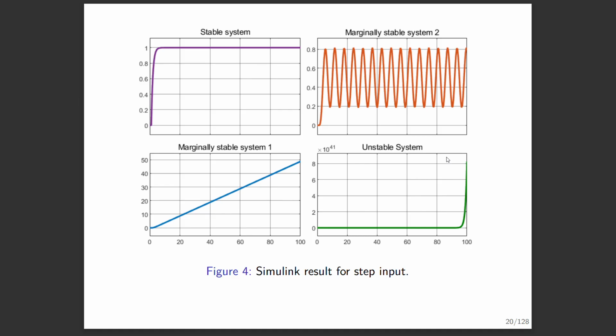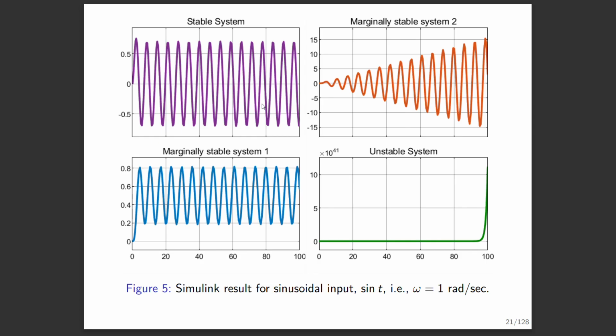So for the step input, the stable system's output is bounded. For the sinusoidal input, the answer of the stable system again is bounded. So bounded input produces bounded output for the stable system.